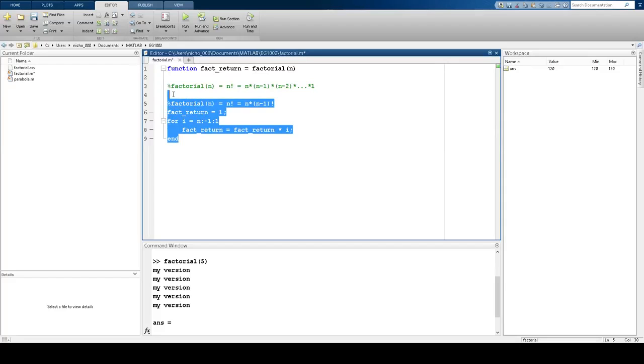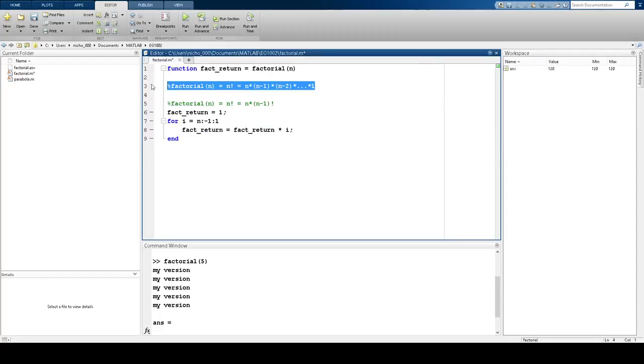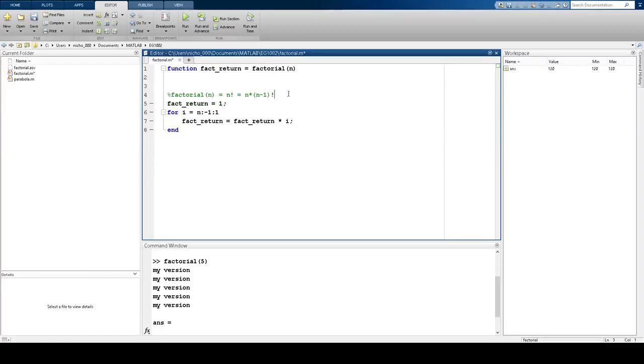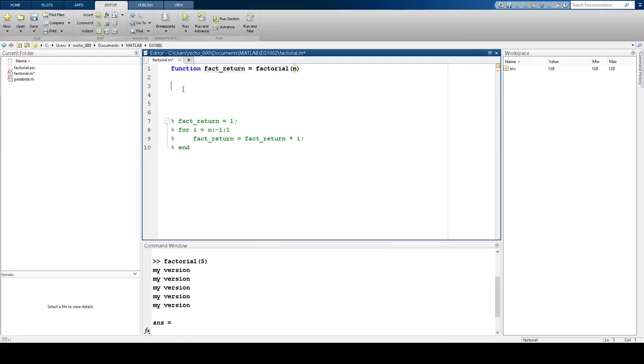So we're going to implement factorial as a recursive version. I'm going to comment out all these lines because they might be helpful. To write factorial as a recursive version, we need to handle the bottom case. At some point, we're going to have to do something different, and for factorial, that's when we're trying to find the factorial of 1. So if n is equal to 1, fact return equals 1.